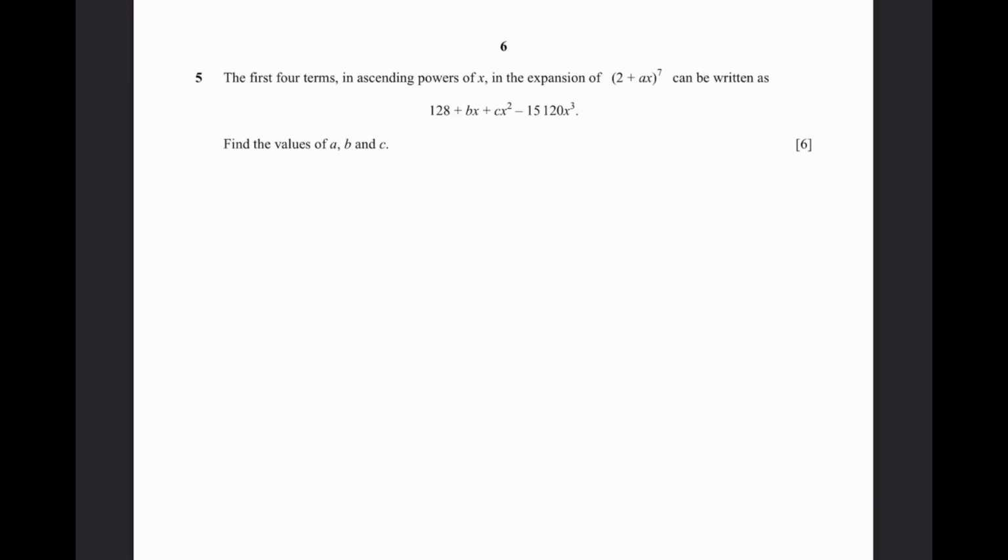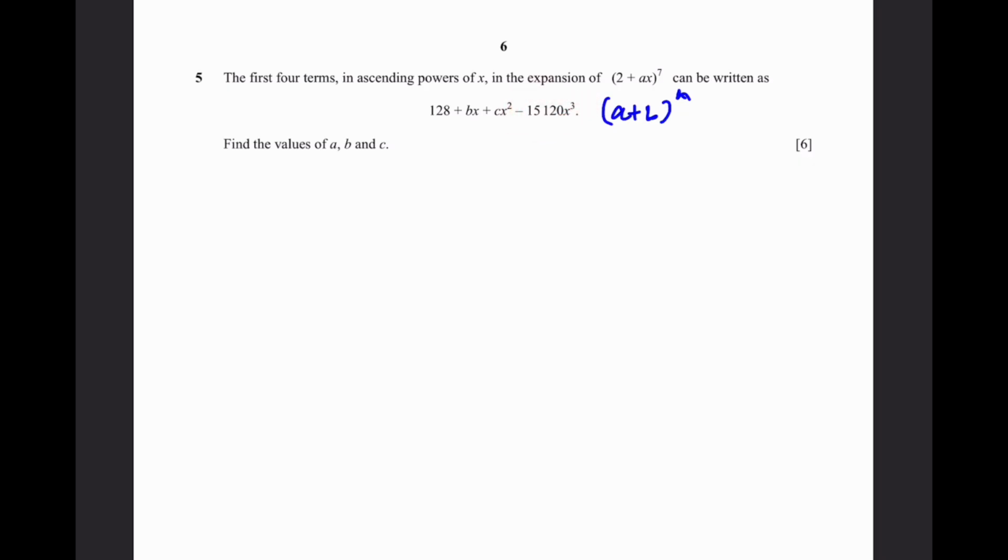As we saw there, in this case, (a + b) to the power of n, which is the original form of binomial theorem, is this, where a is equal to 2, b is just ax, and n is 7. And if you remember the formula, we know the value of the x cubed term.